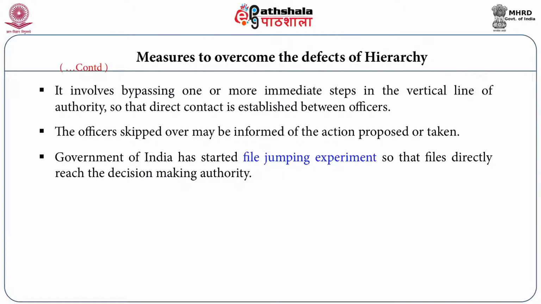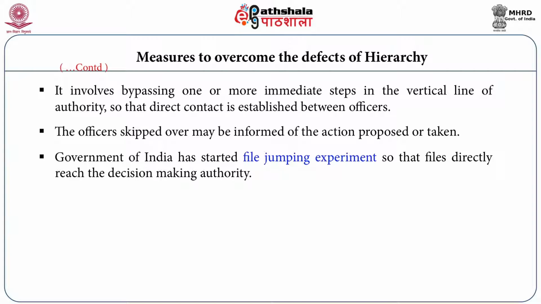The gangplank says, instead of crossing all these channels of communication, it is better to have a horizontal communication between F and K. That is how the line of authority is reduced. This is called gangplank.